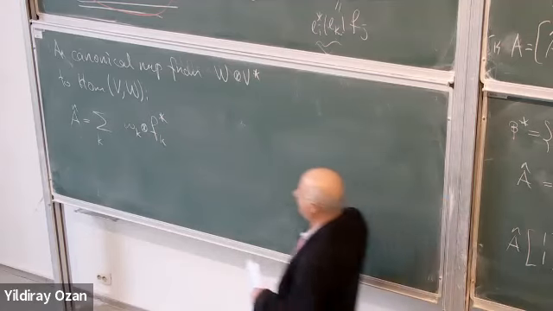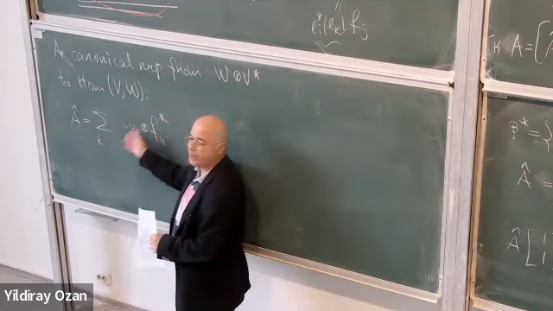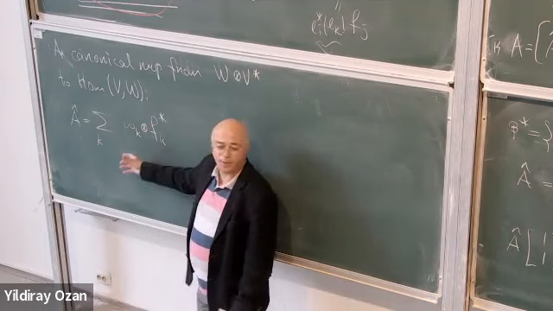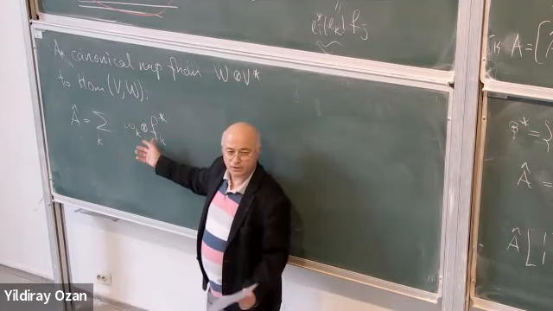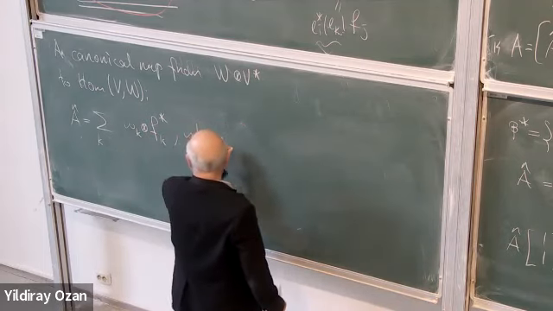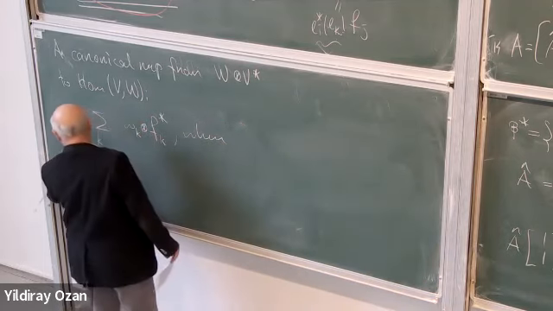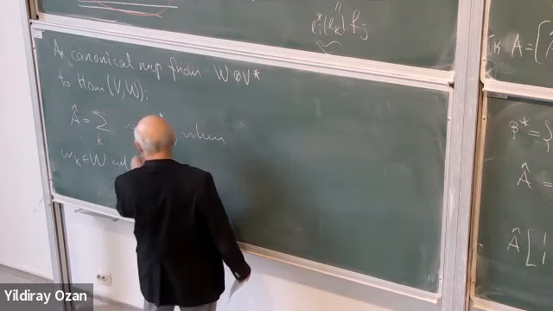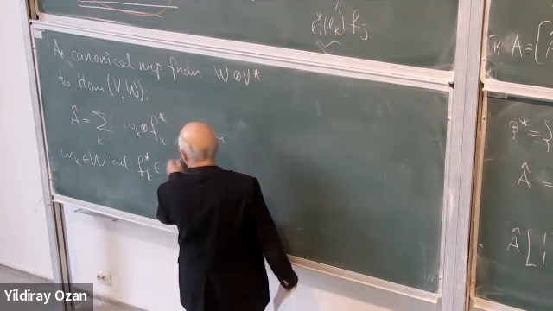So this is just a finite sum. I don't care how many elements are here. And this doesn't have to be basis elements only, just some elements. Okay? Where the W_k are from W and the f_k star from V star.